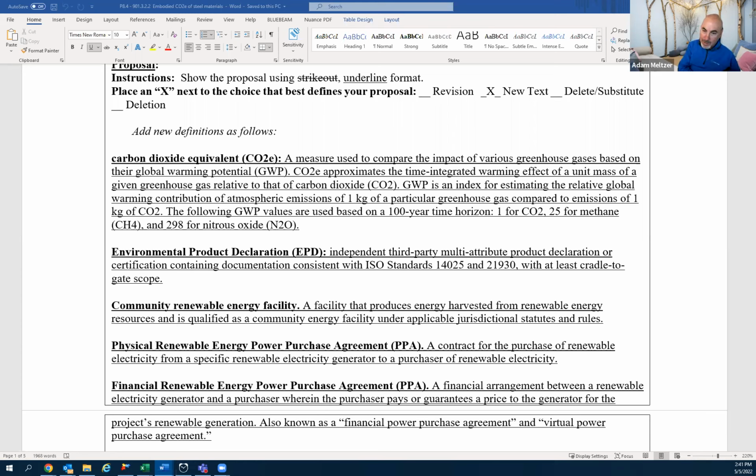What do you think the impact of just removing that from this proposal is, and not having a way to buy yourself out of polluting through manufacturing steel?